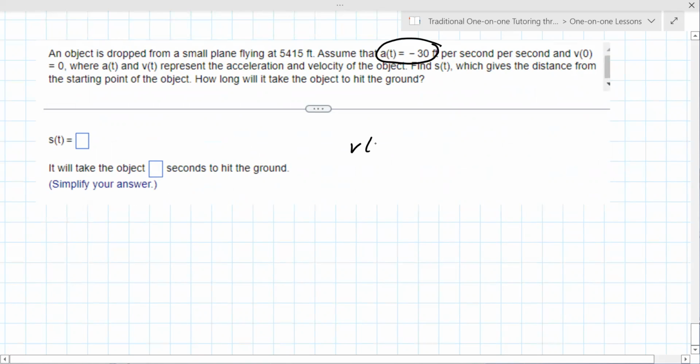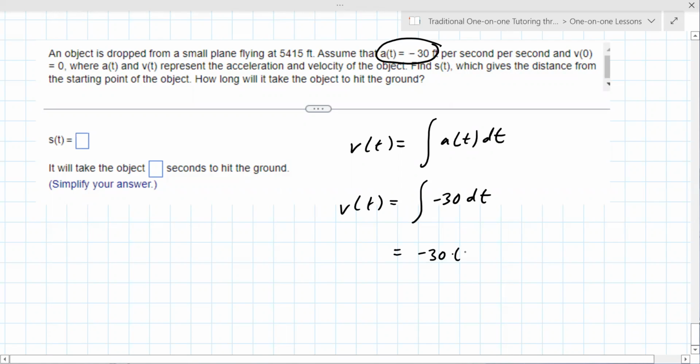So v of t is the antiderivative of a of t dt. So your v of t is the integral of minus 30 dt, which is minus 30t plus c. Imagine if you take the derivative of minus 30t, you get minus 30. Now they tell you the initial velocity is 0.